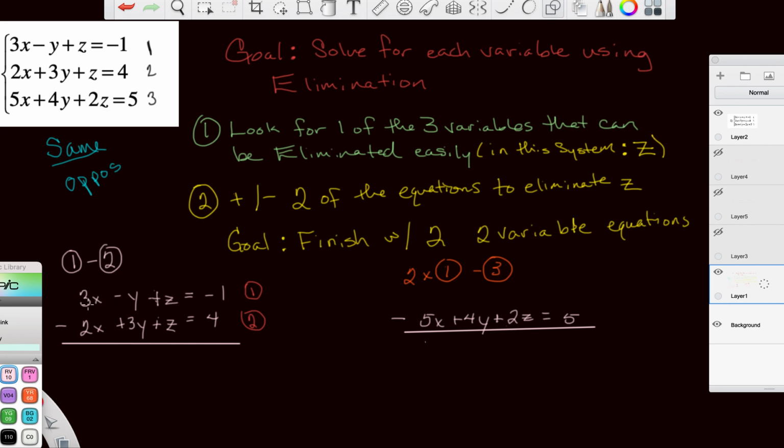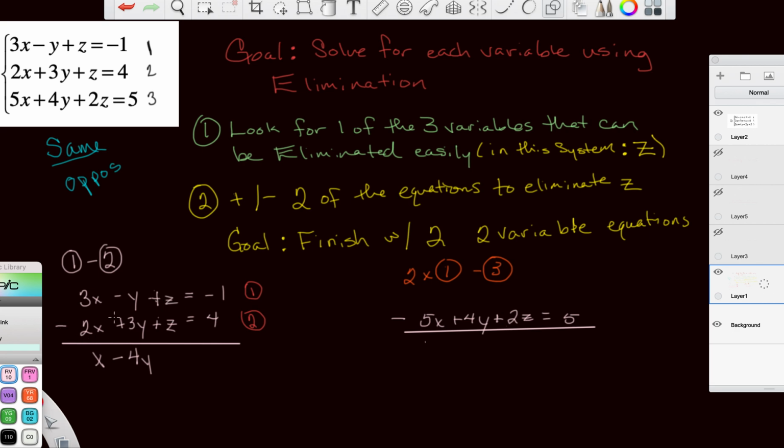So 3x minus 2x gives me 1x. And then negative y minus 3y is negative 4y, or minus 4y.